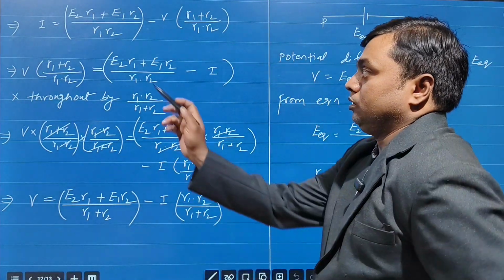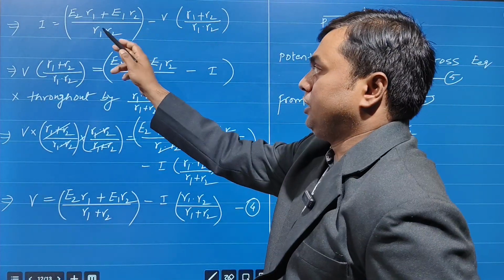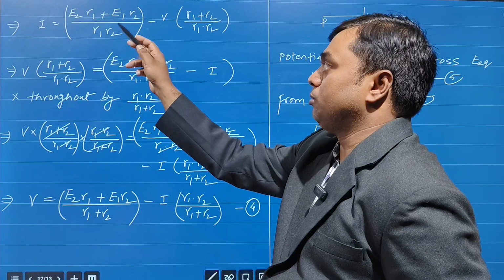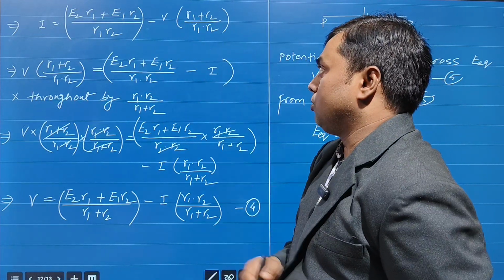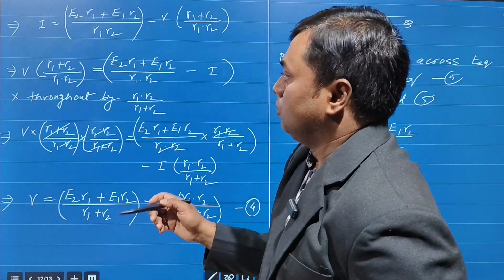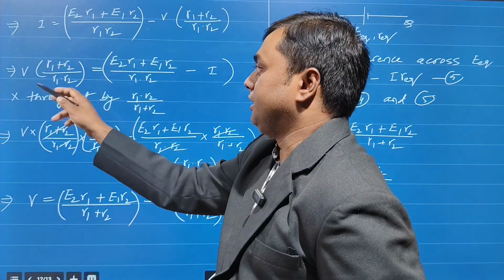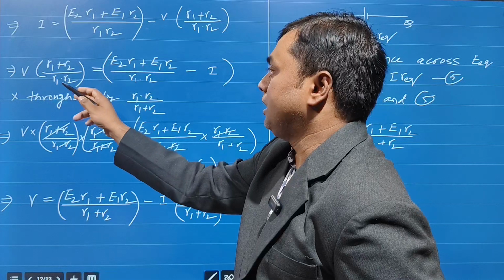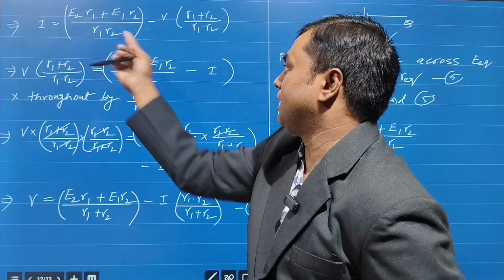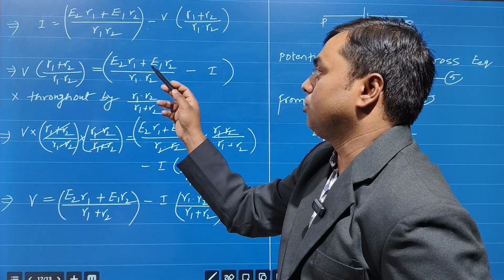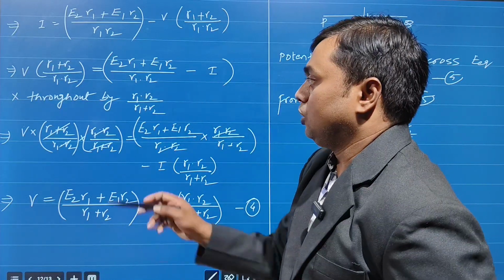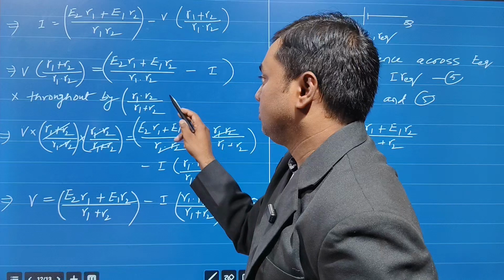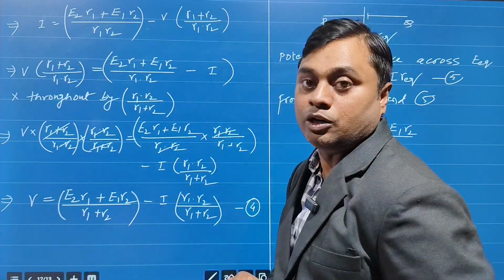Now I is equal to this expression: E2 R1 plus E1 R2 by R1 plus R2 minus V times of R1 plus R2 by R1 into R2. Now move this to the left hand side. So V times of R1 plus R2 by R1 R2 is equal to E2 R1 plus E1 R2 by R1 into R2 minus I. Now multiply throughout by R1 R2 by R1 plus R2.